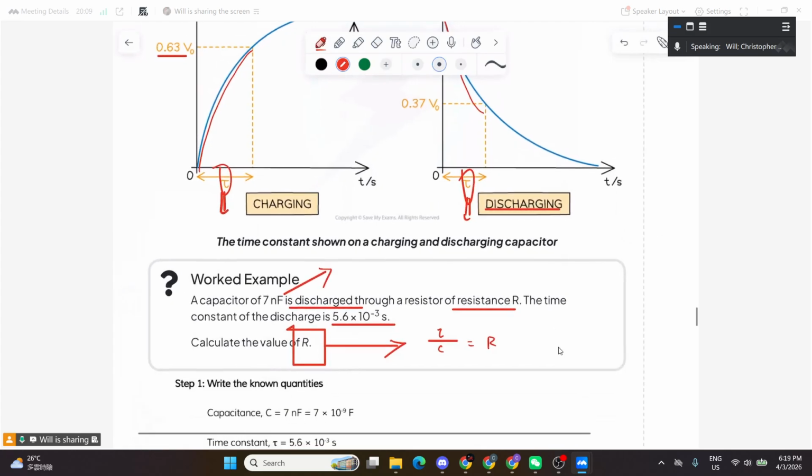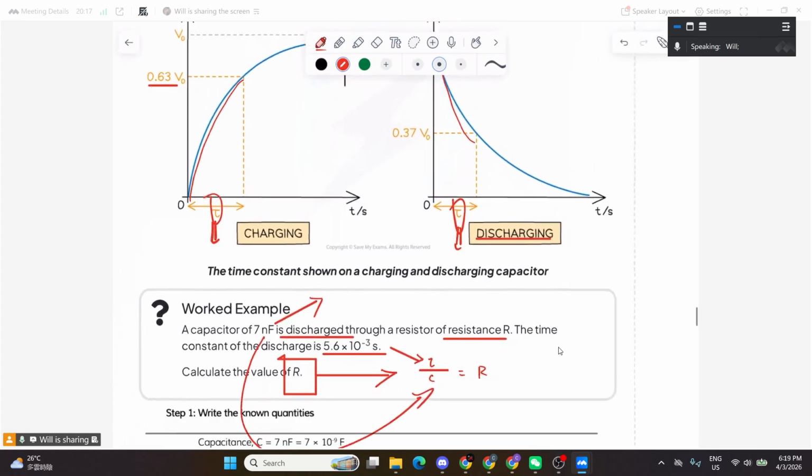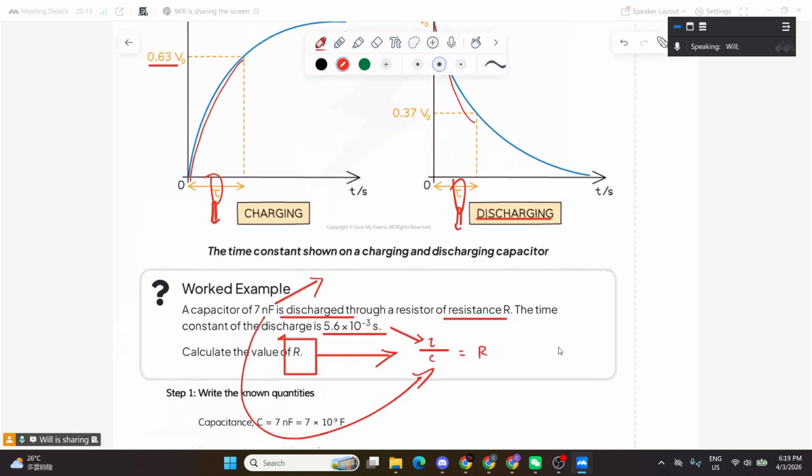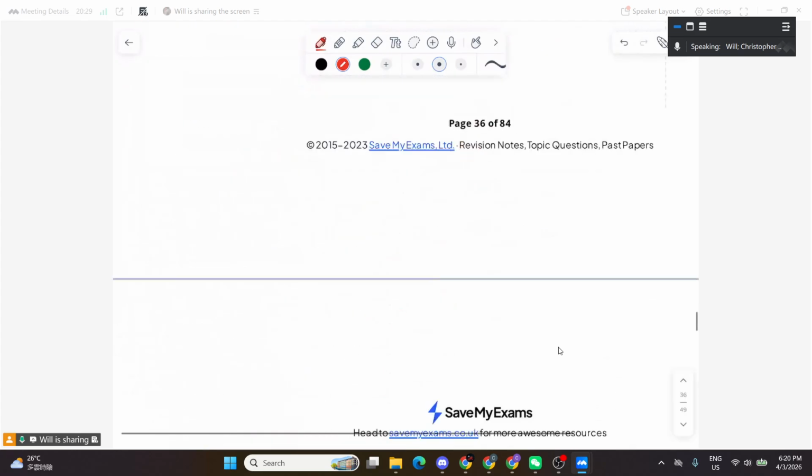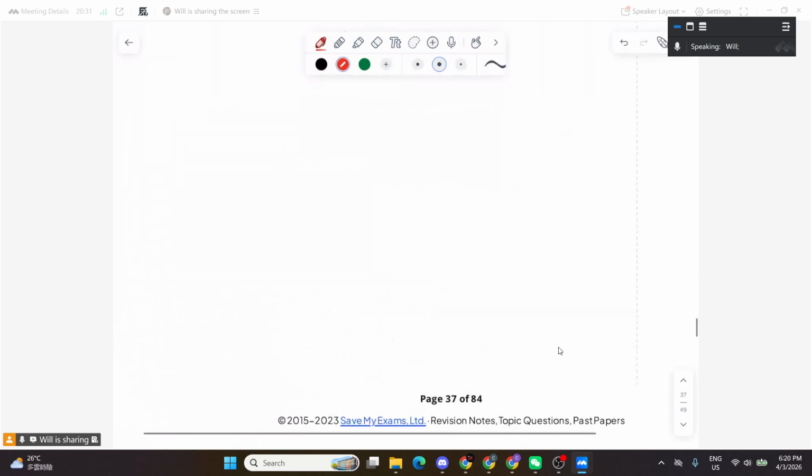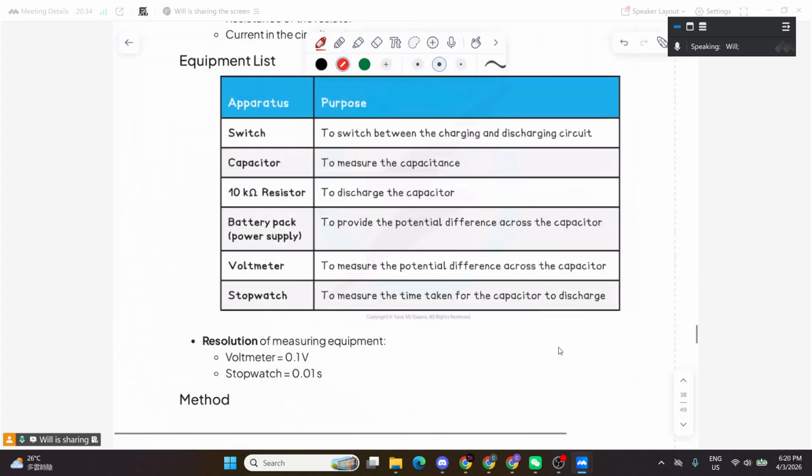Take the time constant as the numerator and the 7 nanofarad as the denominator, and convert the unit, 7 times 10 to the power of -9. Then we can get the final result.